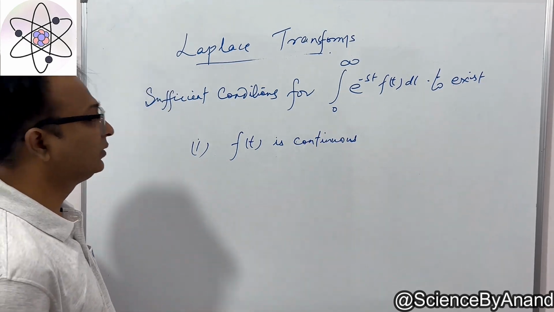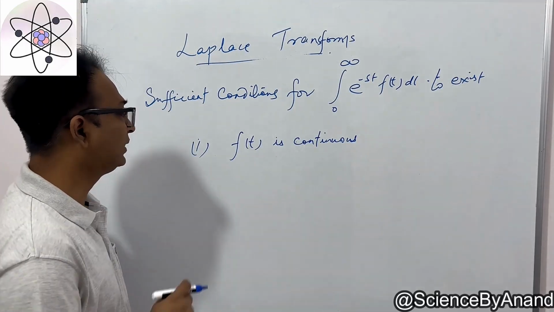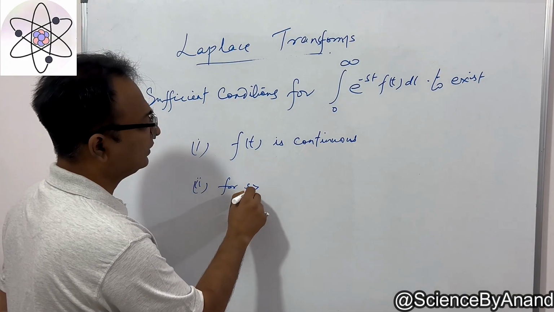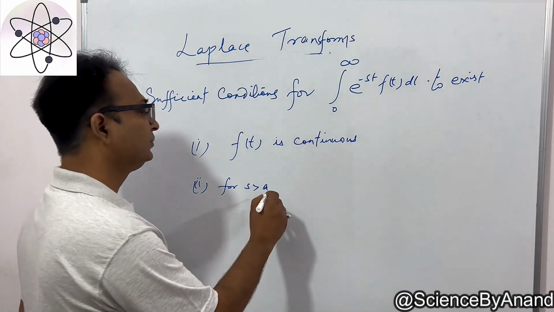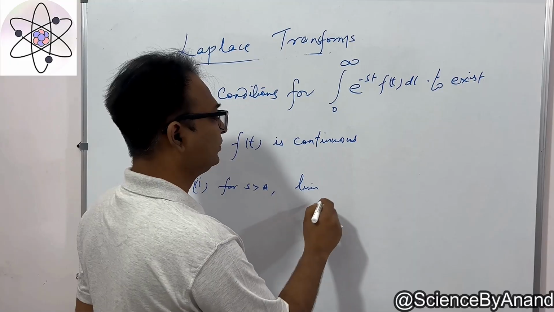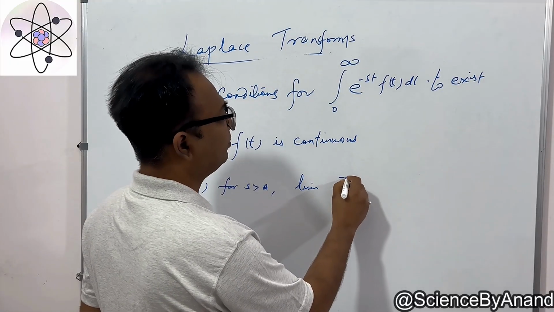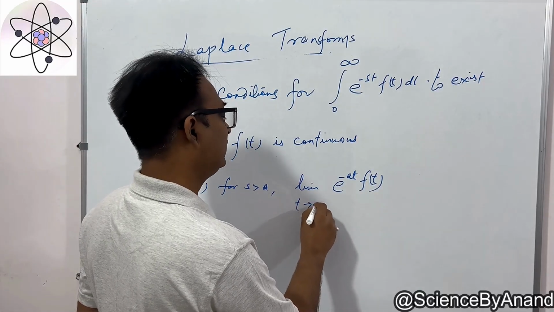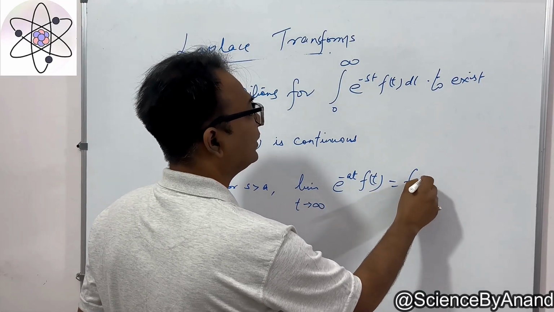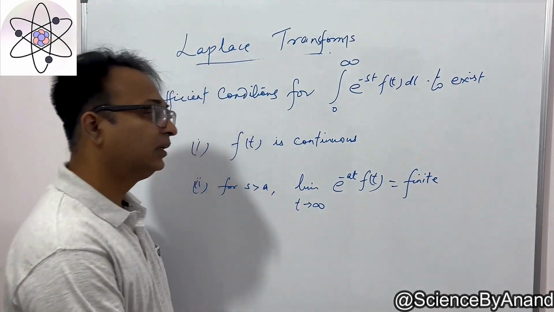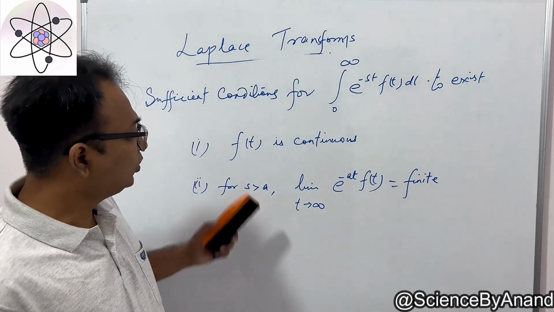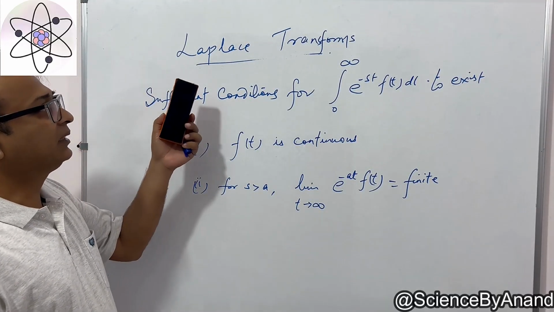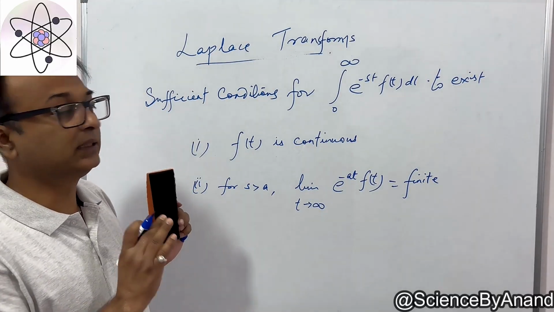The function should not be discontinuous. Second is, for s greater than some other constant a, the limit of e to the power minus at f(t) when t tends to infinity should be a finite number. It should not be infinite. So if these two conditions are met, then Laplace transforms exist. These are the sufficient conditions.